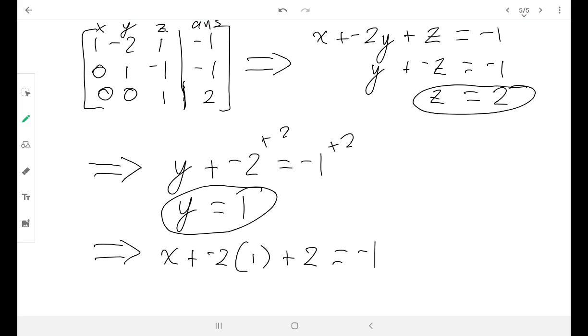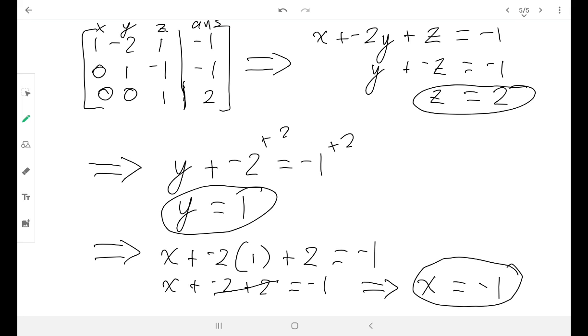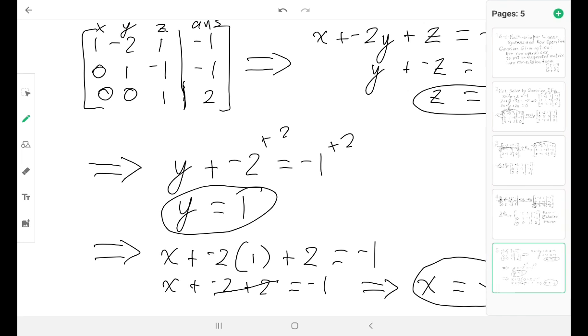And so that's what I'm going to try and do here. I've got x plus, this will be negative 2 plus 2 equals negative 1, and then negative 2 plus 2 winds up being 0, so I can ignore that. So I actually get, this one turned out to be really easy, I actually get that x equals negative 1 here. So now I've got the answer to all three variables.